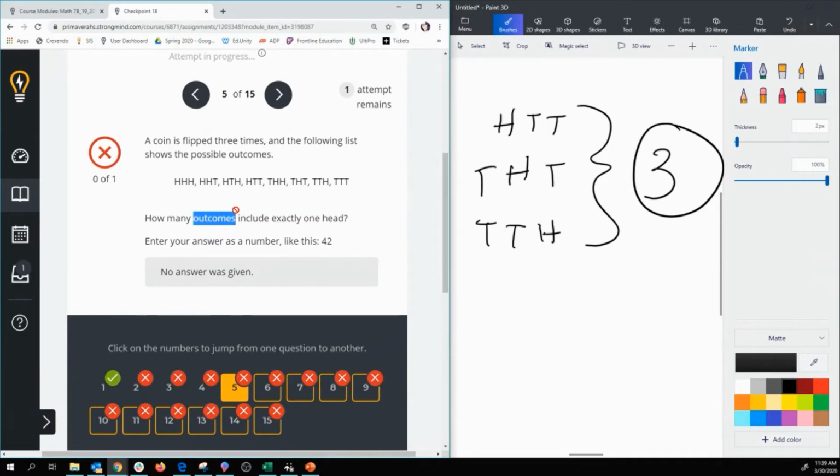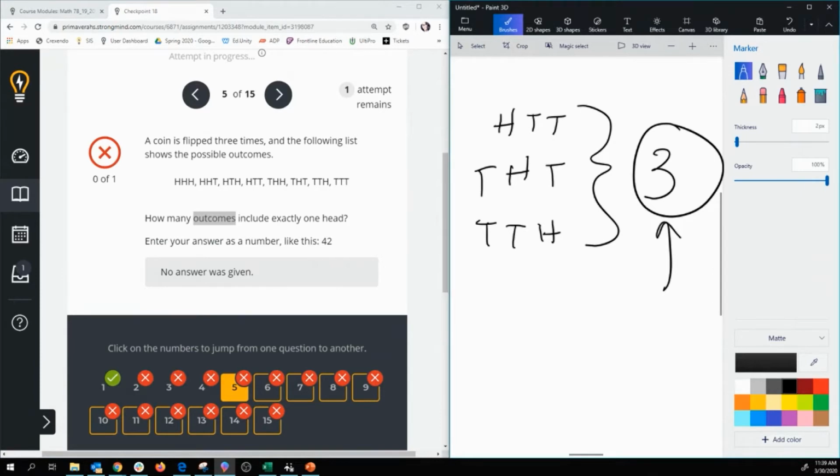One's asking for probability, and one is asking for outcomes. So double check on your checkpoint that for the one that has outcomes, you're only typing 3. And the one that has probability, that's the one where you do 3 over 8.